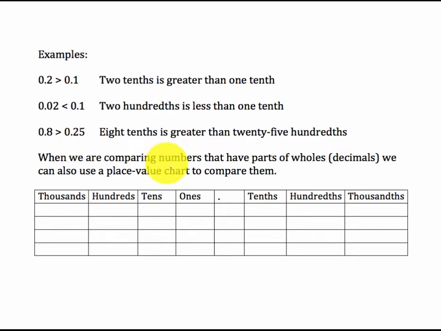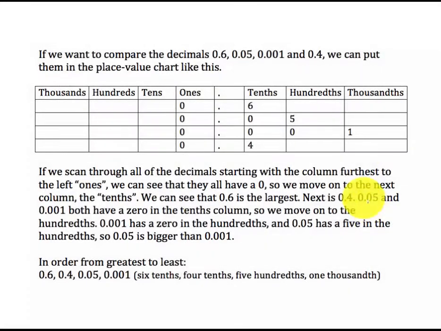When we're comparing decimals, parts of wholes, we can also just plug them into a place value chart. It might make it a little easier to compare them, because just like with whole numbers, we can move down the place values and they're stacked right on top of each other, so it's a little easier to see which decimal is bigger. If we want to compare these 4 decimals here, I've got 0.6 or 6/10ths, 0.05, that's 5/100ths, 0.001, that's 1/1000th, and 0.4, 4/10ths.